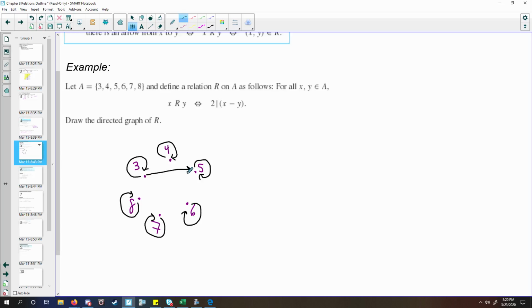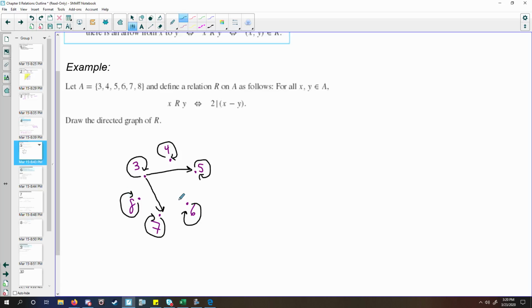So hopefully you'll catch on pretty quickly that anytime x and y are odd, their difference is going to be even. So you'll notice 3 relates to 5, 3 relates to 7, but it will never relate to 4, 6, or 8 because those differences are always not divisible by 2.